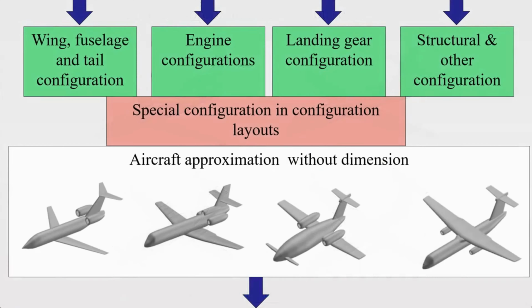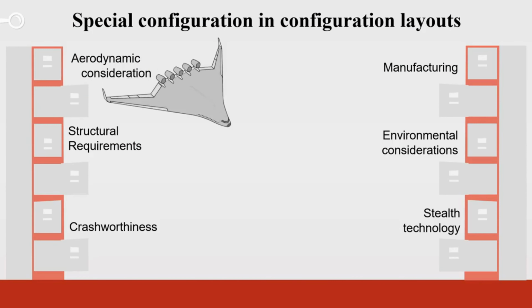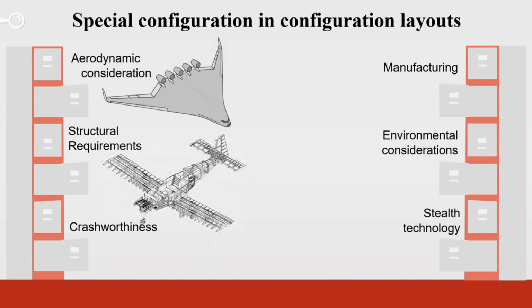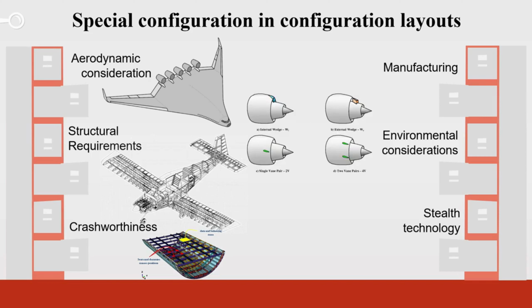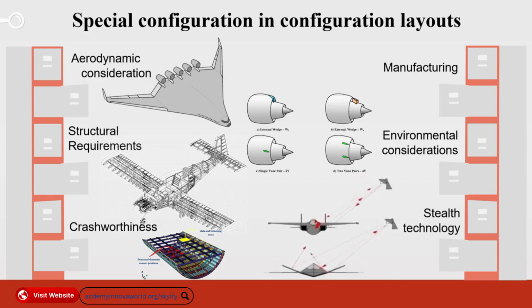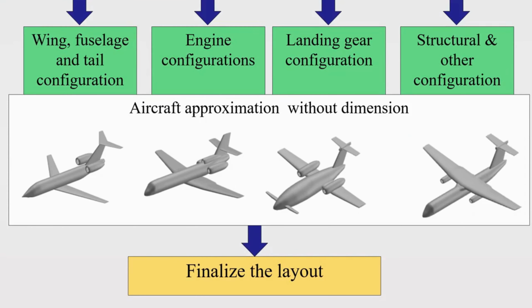Now, other special features in configuration layouts are aerodynamic considerations like blended wing body, structural considerations like whether I have to use girders, longerons, or semi-monocoque or monocoque structures, crashworthiness, manufacturability, environmental considerations, whether it will have high noise reduction or emissions, etc. Additional considerations for military airplanes are radar detectability, infrared detectability, stealth technology, and finally layout on paper and CAD software.